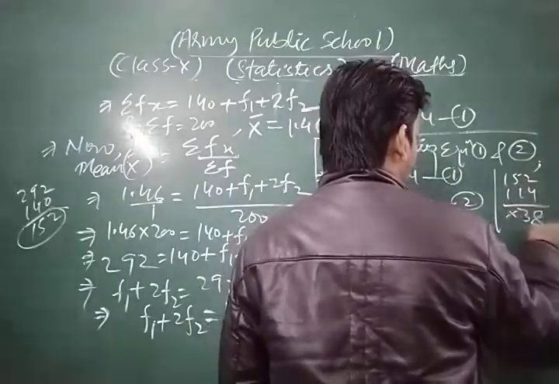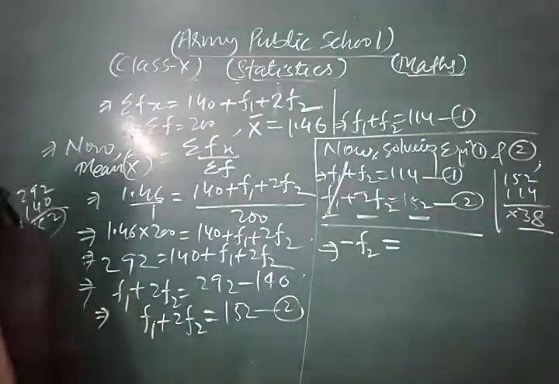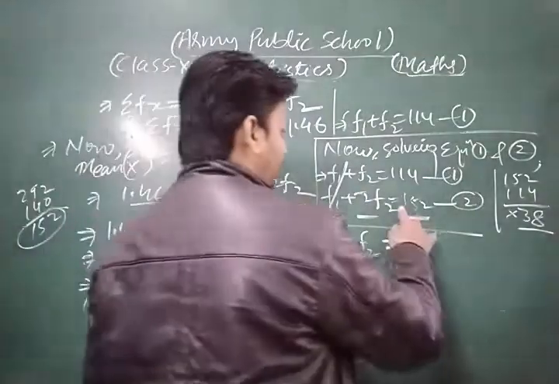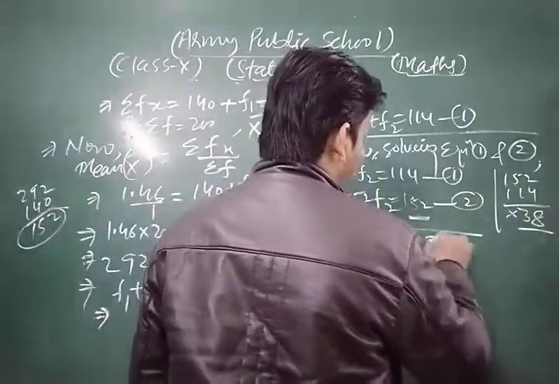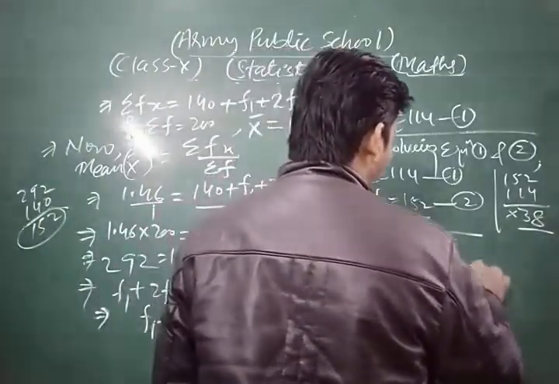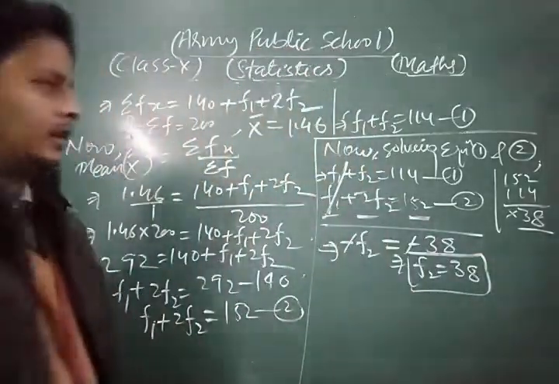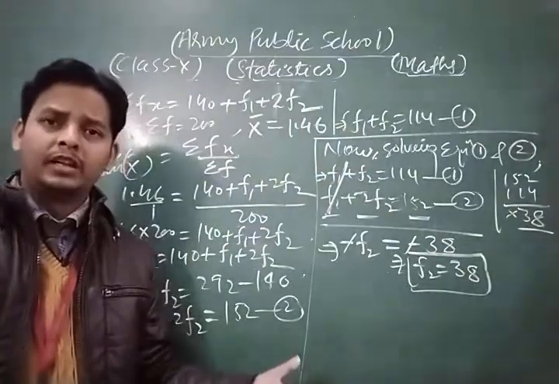This is 38. Since 152 is the greater number, it is minus 38, so minus minus cancel each other. So the value of f2 is 38. This is the first answer, because f2 is the missing frequency.